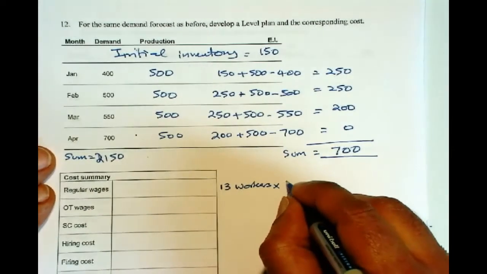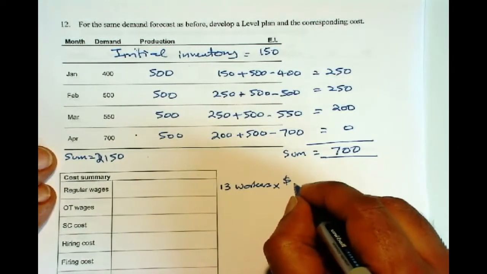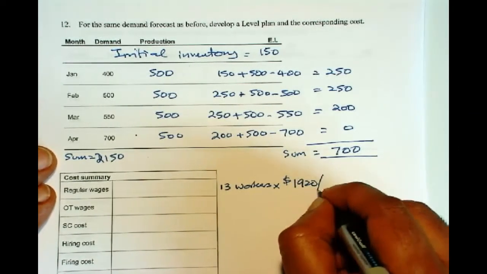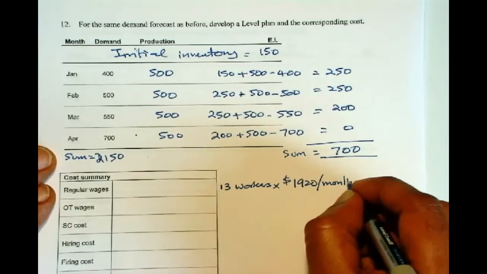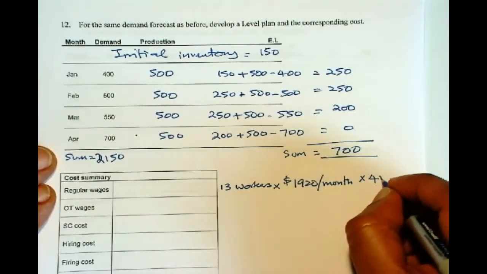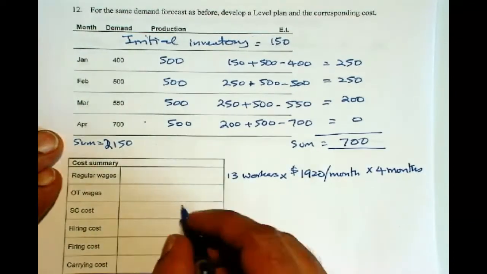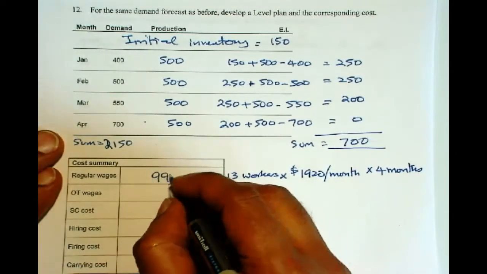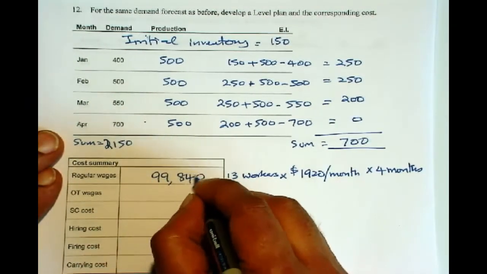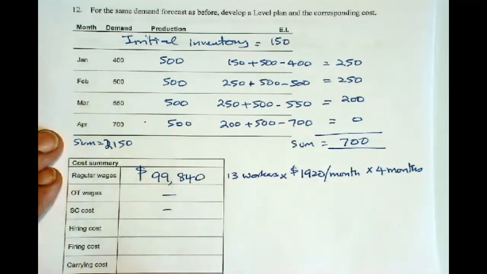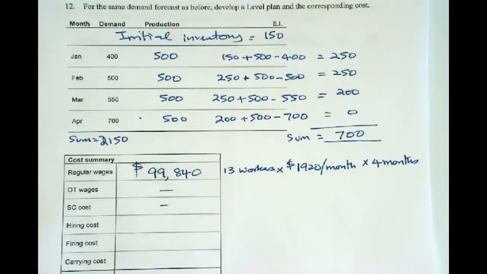Let's do this first. So 1920 per month, and then for 4 months. So that will give us 99,840. No overtime, no subcontracting, because it is the level plan. It's not a mixed plan.